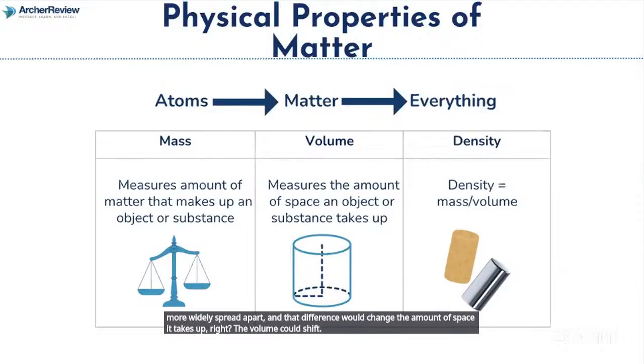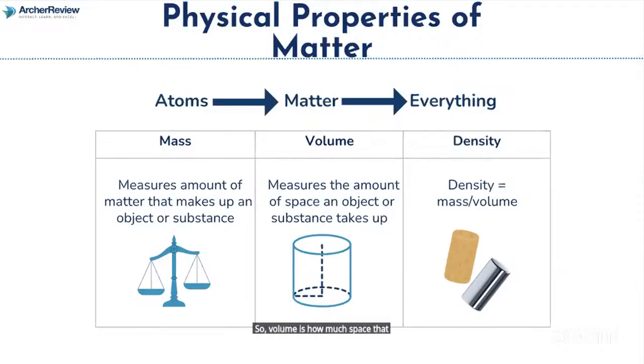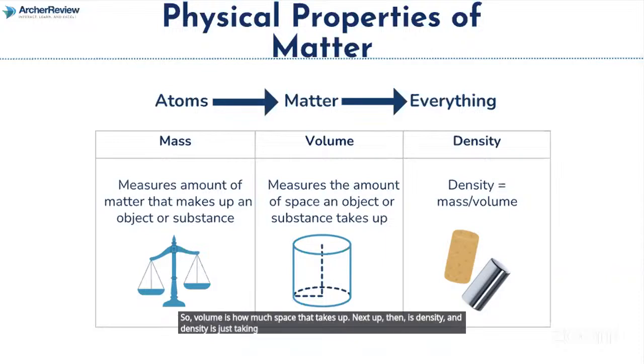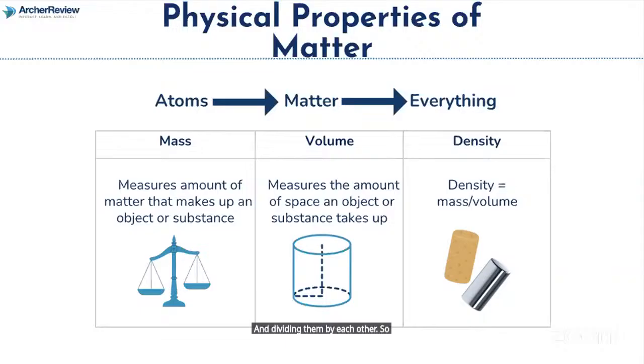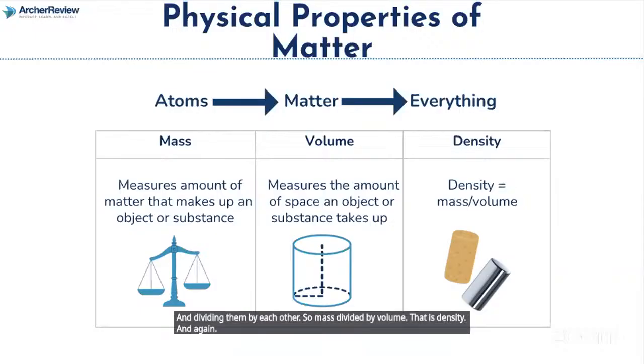So volume is how much space that takes up. Next up then is density. And density is just taking the previous two and dividing them by each other. So mass divided by volume, that is density. And again, density is telling you how tightly packed together those atomic particles are, or maybe how widely spread out those particles are.